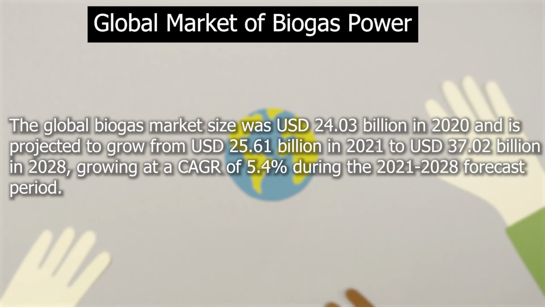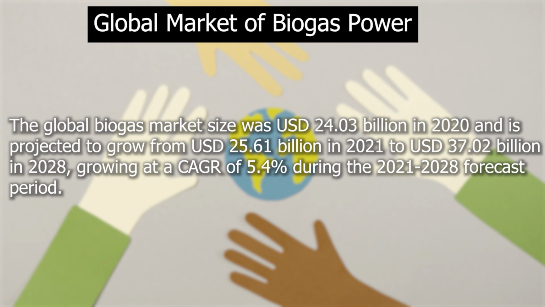It is growing at a CAGR of 5.4% during the 2021 to 2028 forecast period. The global biogas market size was valued at USD 62.72 billion in 2022 and is projected to grow at a compound annual growth rate, that is CAGR, of 4.3% from 2023 to 2030.